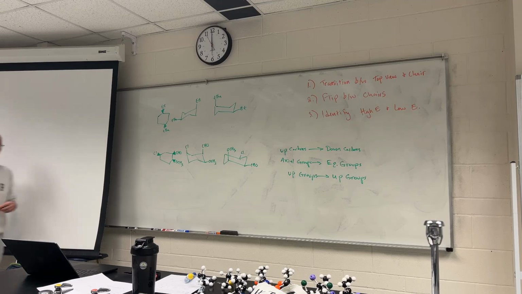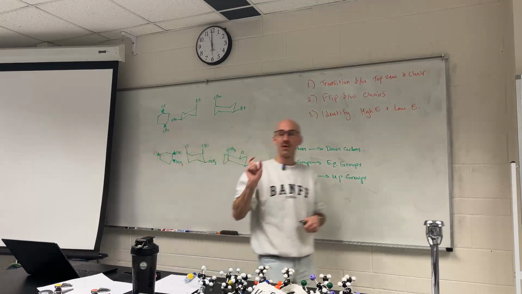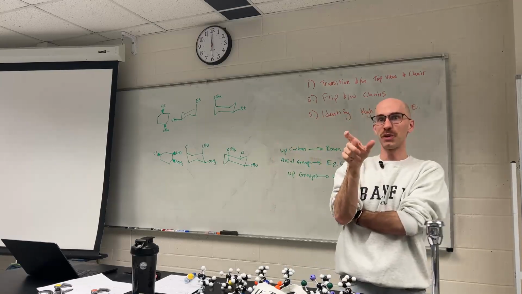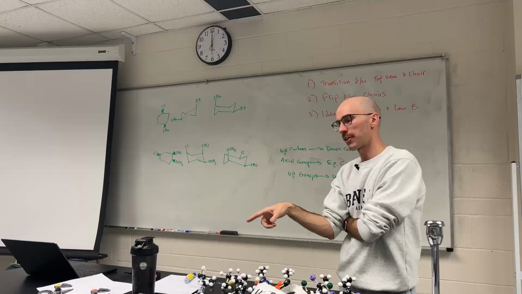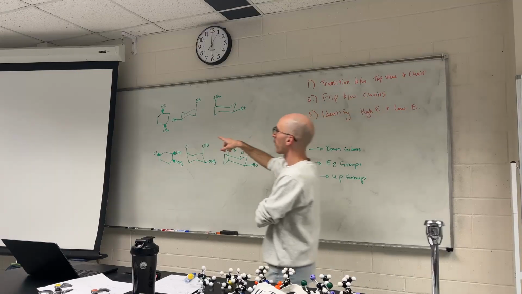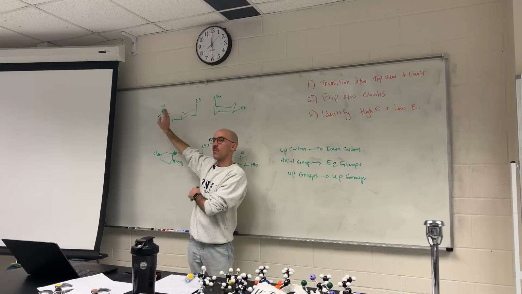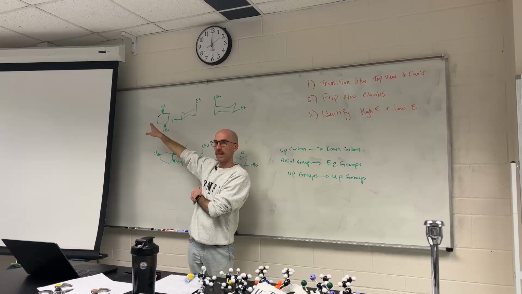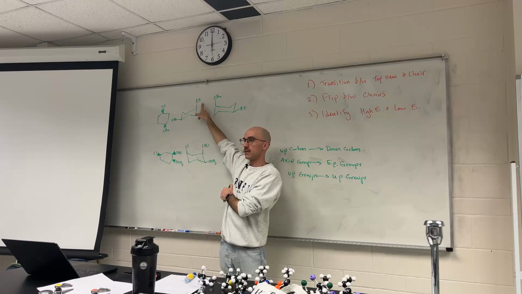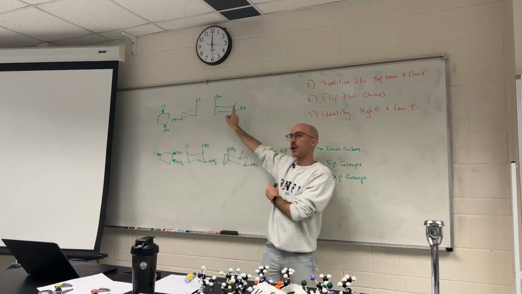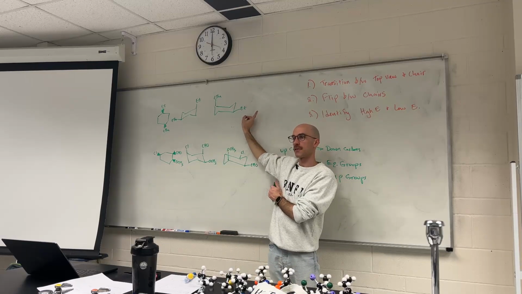So in my cis 1 tert butyl 4 ethyl, you can't name all of these necessarily, but you could definitely name this second compound. In cis 1 ethyl 4 tert butyl, I have 2 conformations. One where ethyl is axial and tert butyl is equatorial, and one where tert butyl is axial and ethyl is equatorial.